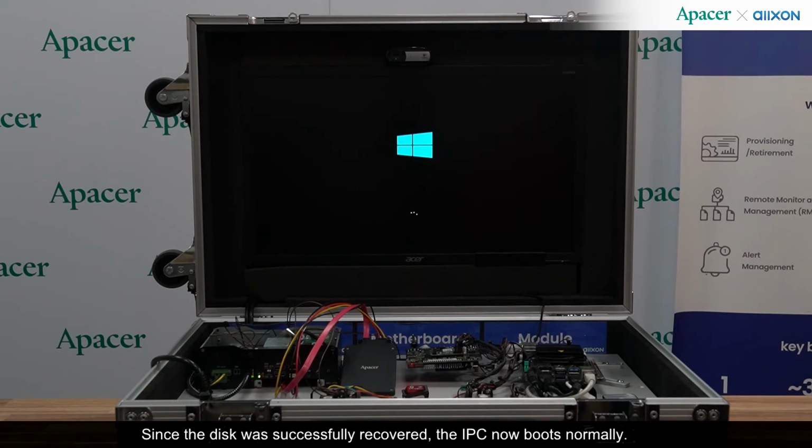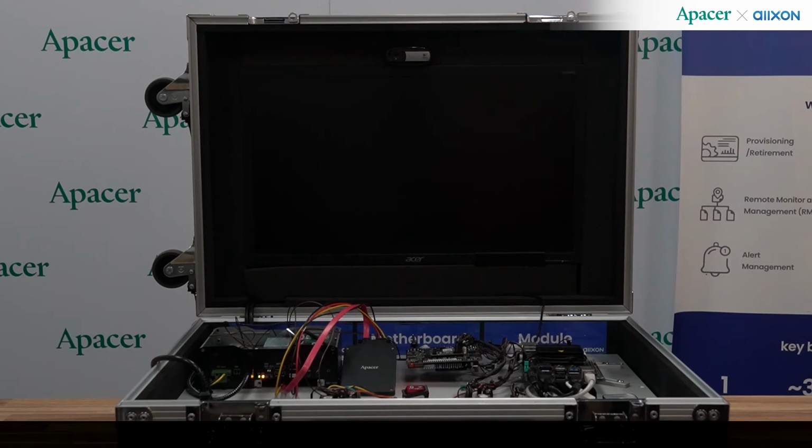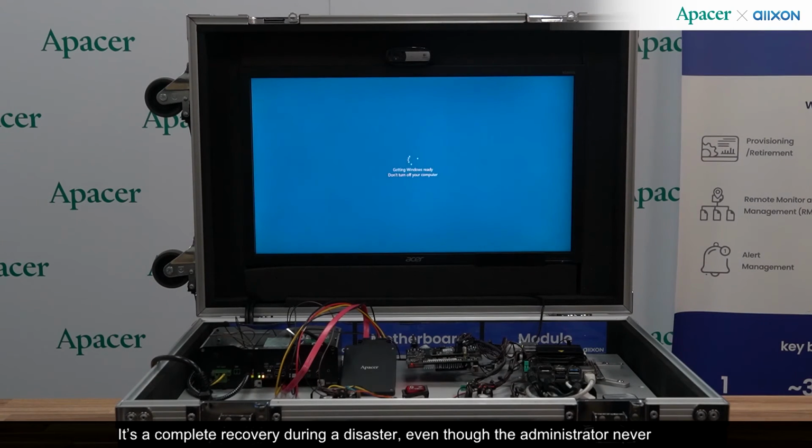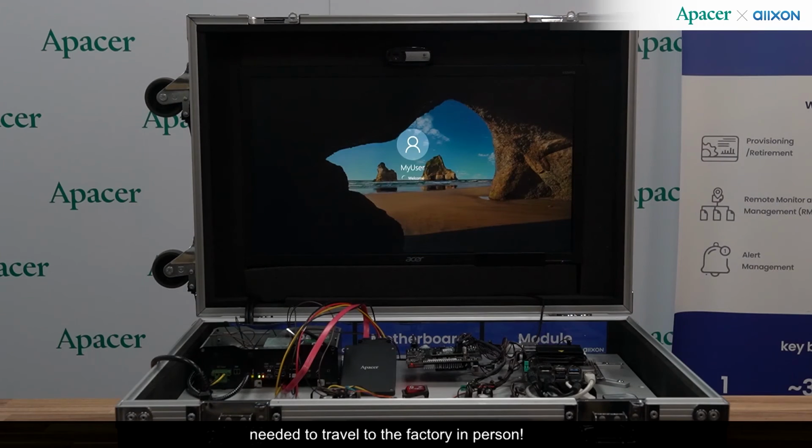Since the disk was successfully recovered, the IPC now boots normally. It's a complete recovery during a disaster, even though the administrator never needed to travel to the factory in person.